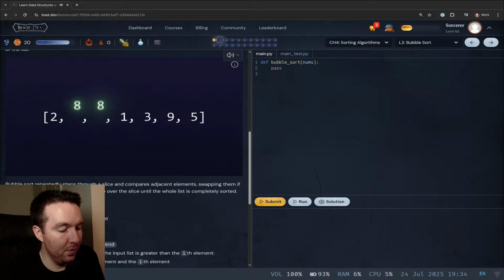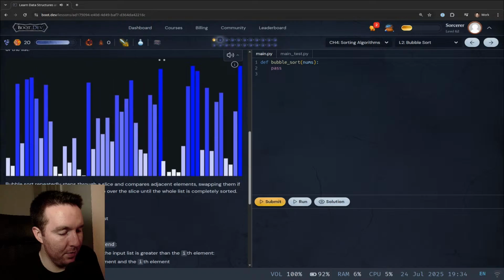Otherwise, we just leave them be. When we get to the end, we just go back to the start and do it again. We repeat this process over and over and over until we go all the way from left to right without making any swaps. Here's what it looks like on a larger data set.